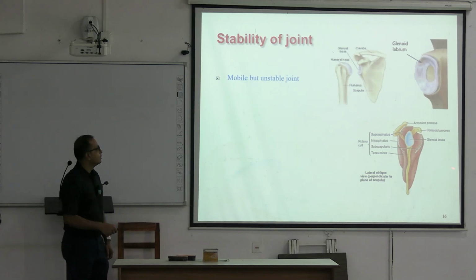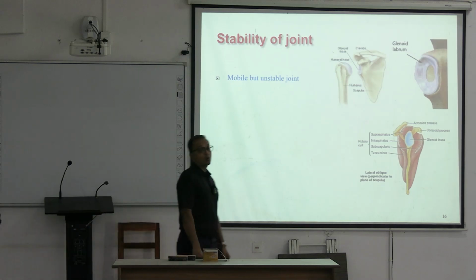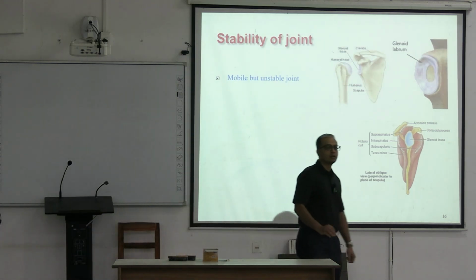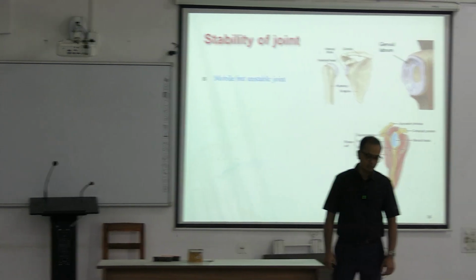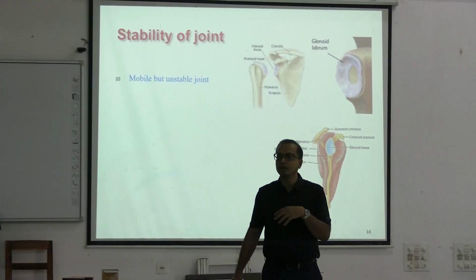Once the supraspinatus is damaged, it takes a lot of time to recover because it is relatively avascular. That means blood vessels are fewer, so recovery is very slow.